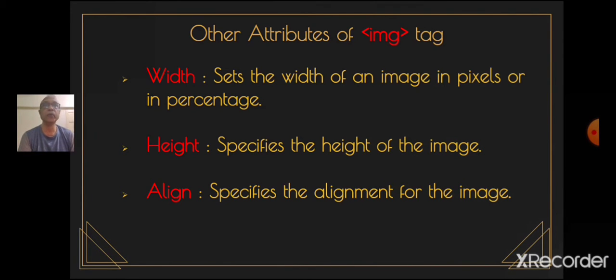The next attribute is the align attribute. By default, the image will align at the left side of the page, but we can use the align attribute to set it to center or right, top or bottom.